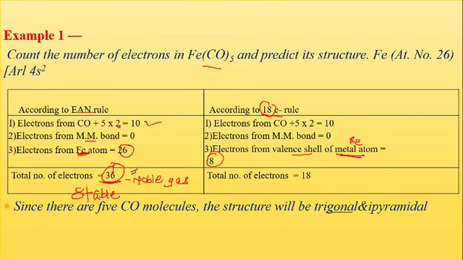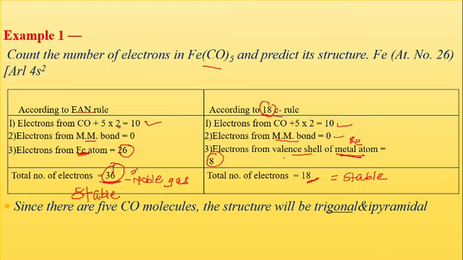According to the 18 electron rule, if the total number of electrons is 18, then that molecule is stable. Let me see. There are 5 carbonyls, and one carbonyl contributes 2 electrons, so the total from carbonyls is 10. Only one metal is there, so metal-metal bonding is 0.